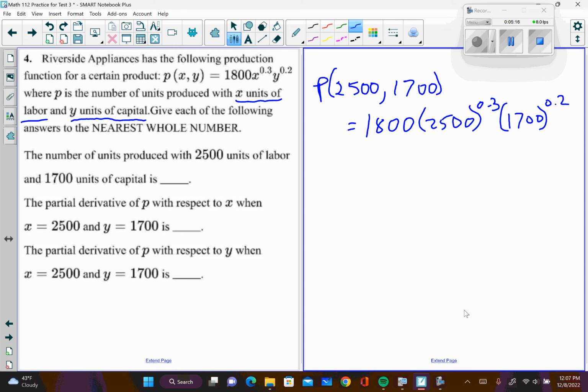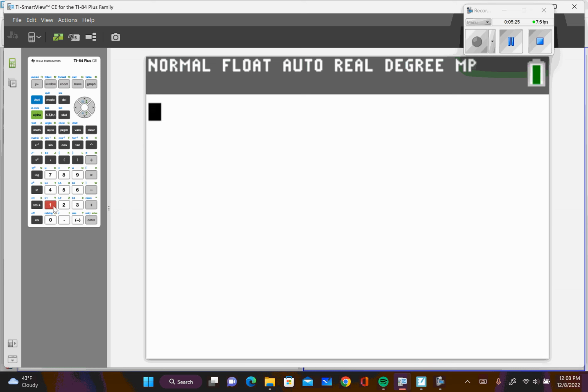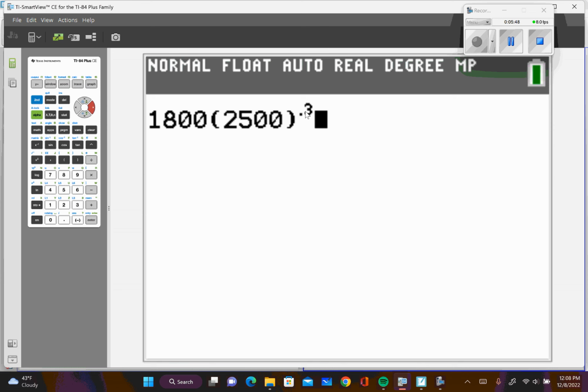And we take out our calculator. 1,800, parentheses, 2,500 close parentheses raised to the 0.3. Use the arrow button here to get the cursor out of the exponent.